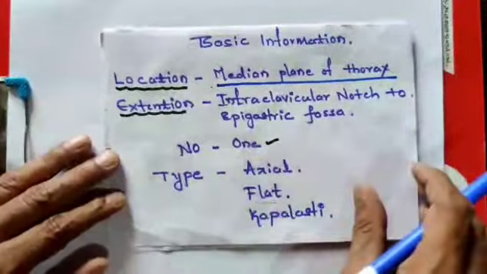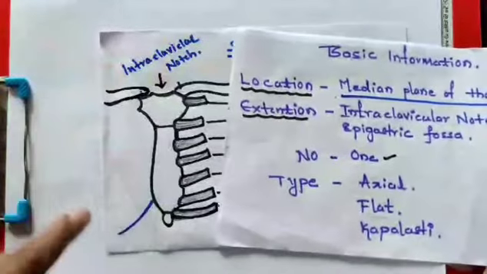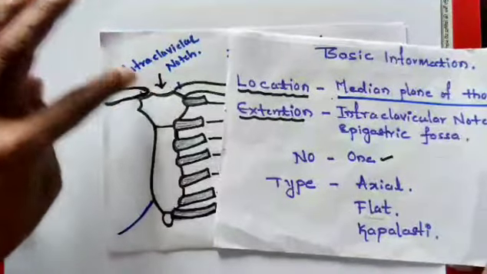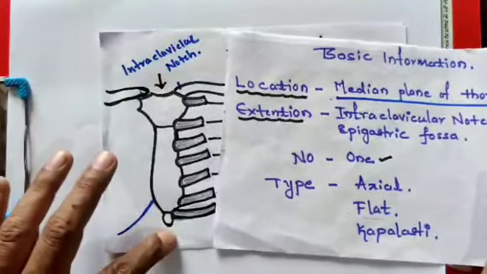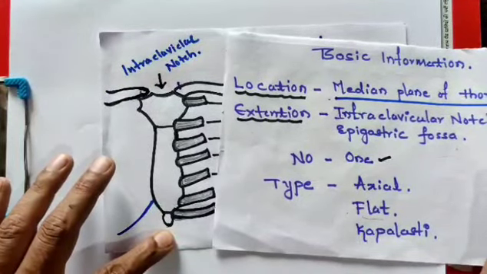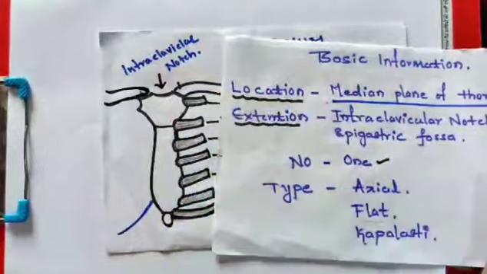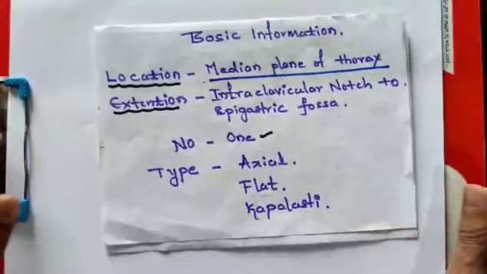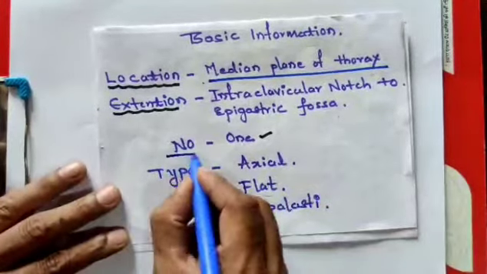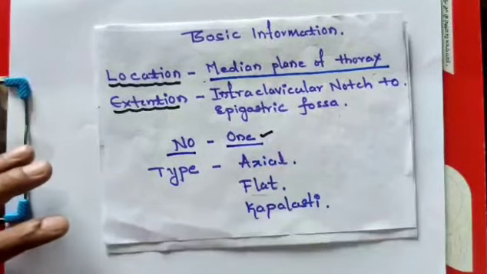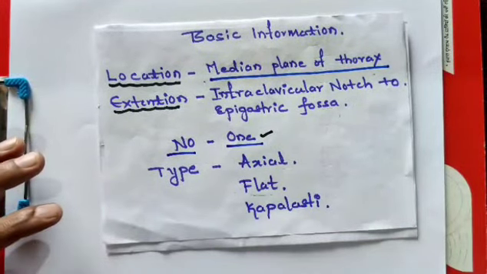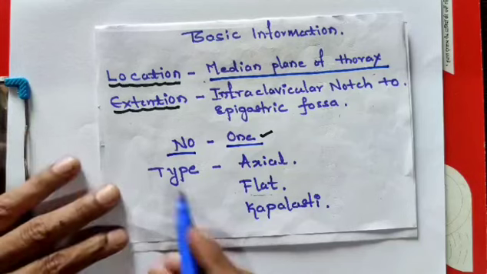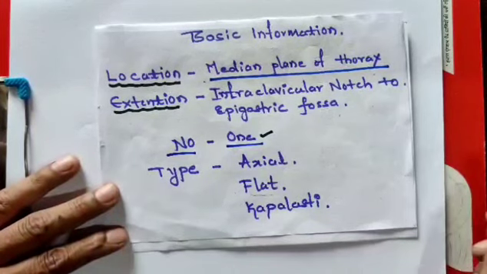Now the sternum extends from the suprasternal notch or intraclavicular notch to the tip of the xiphoid process or epigastric fossa. Number of bones: it is the only one present in the midline and forms the axis of the body. And type of the bone.